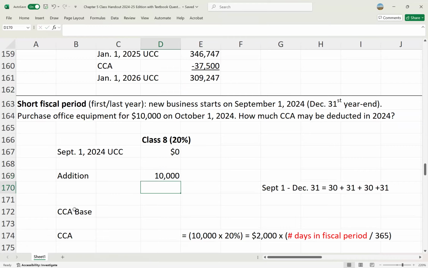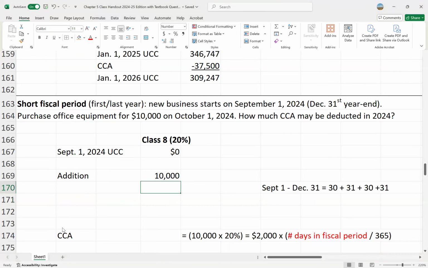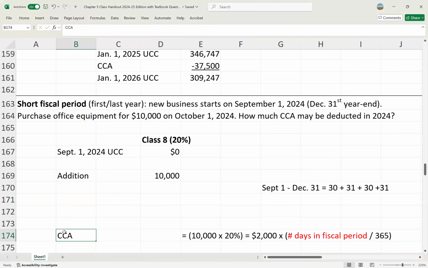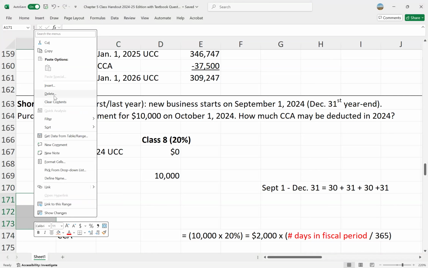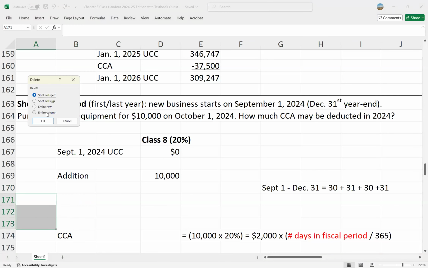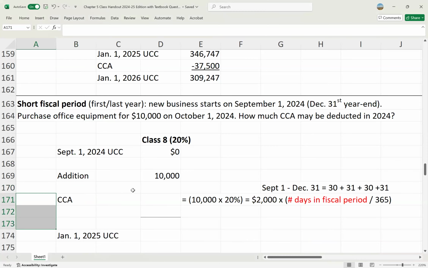And once again, we can get rid of the CCA base here, get rid of this line here. And the way that we calculate the CCA, I'm just going to get rid of these lines here. Normally, we would just take the 10,000 times the 20%, and that would give us 2,000.